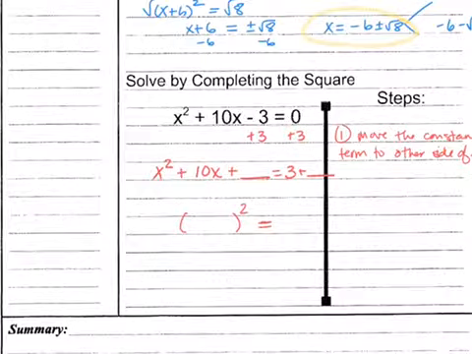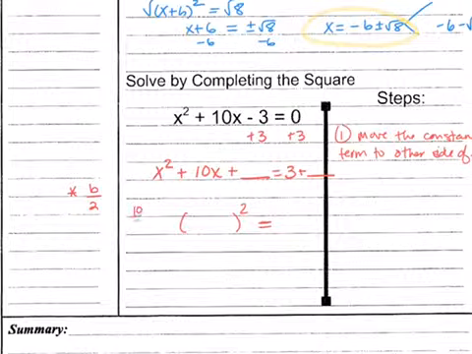In order to figure out what we put in this parentheses, I'm going to put a little side note over here. We're going to take the b value and divide it by 2. So that b value is 10. 10 divided by 2 is 5. So this in the parentheses becomes x plus 5. Now I have those blanks there for a reason, because we're completing the square. And when I complete the square, my other little side note here is going to be this b over 2.